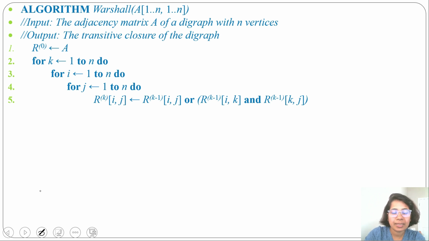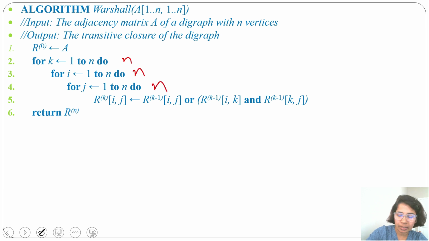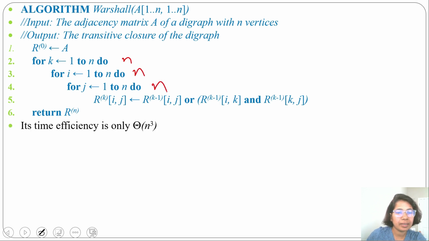So via K, is there any path? If yes, then it must be 1; 1 and 1, it will be 1. Then we return R^n. There are 3 for loops and each for loop runs n times. That's why running time will be theta of n cubed.